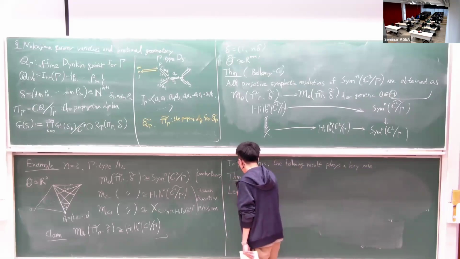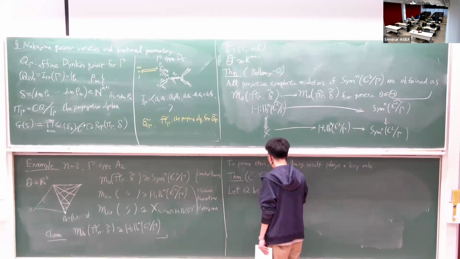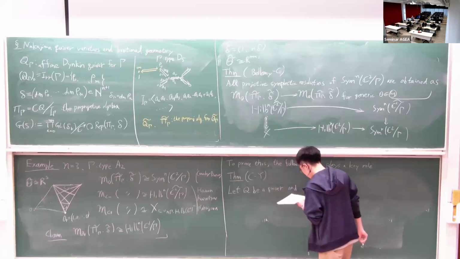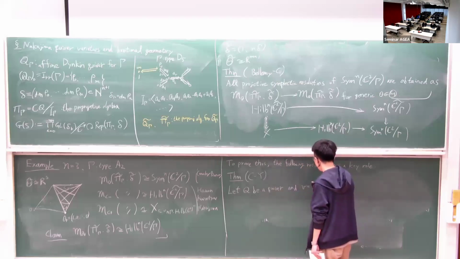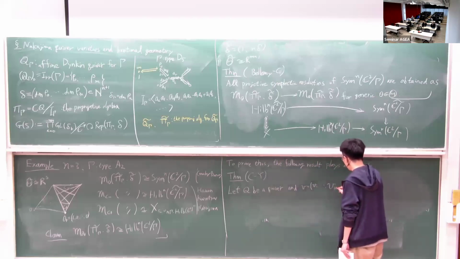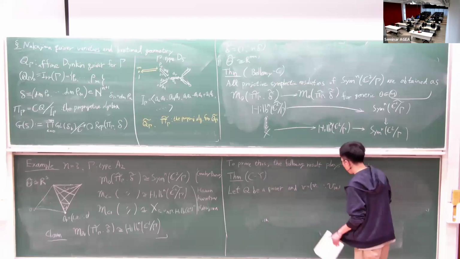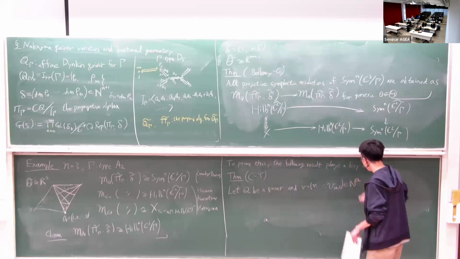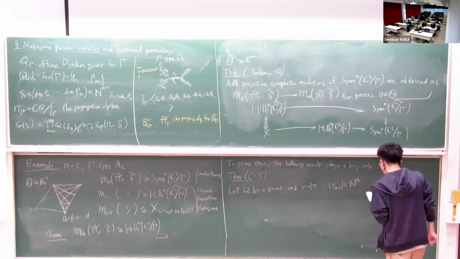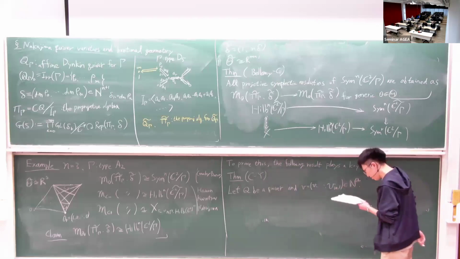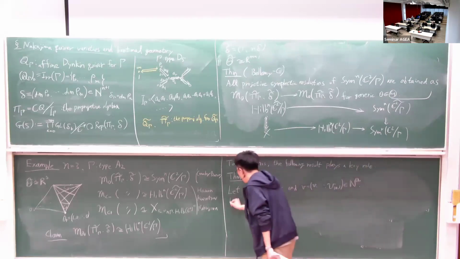So the statement is the following. First consider any quiver Q, and we also fix any dimension vector d, an element of N to the Q0, where Q0 is the vertex set of the quiver. So this is the dimension vector.